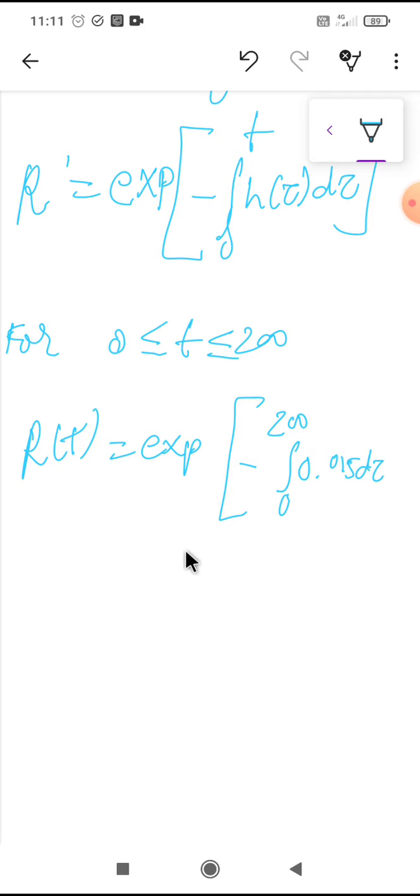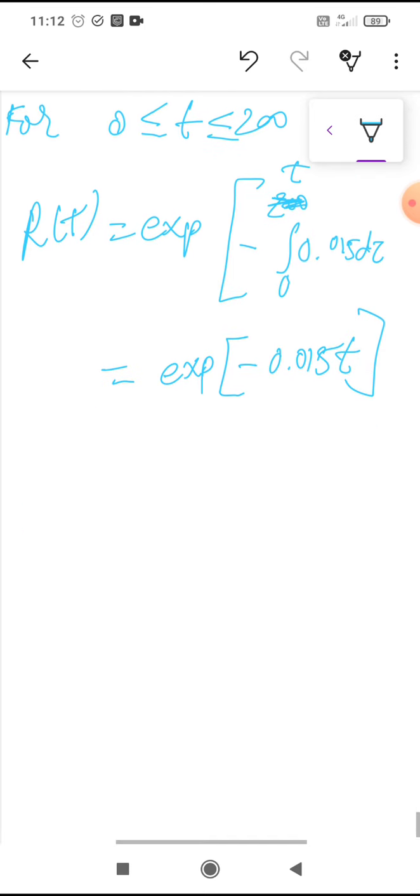So the answer will be exp of minus 0.015, and tau will convert into 0 to t, so it will be t. If we are not using 200 here, just t, so we will just write t. So this is our answer for the first.